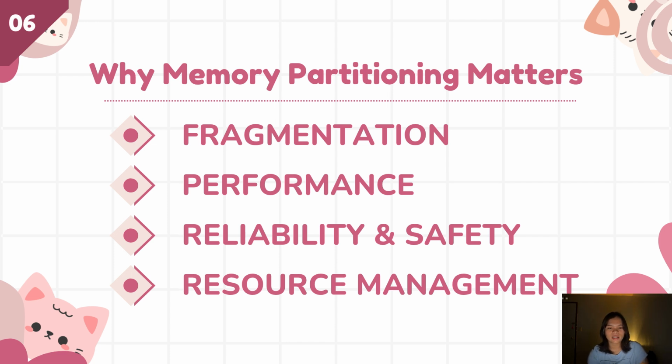Third is reliability and safety. By isolating processes in their own partitions, one faulty program won't affect the entire system. And the last one is resource management. It helps the operating system distribute memory fairly among active programs.